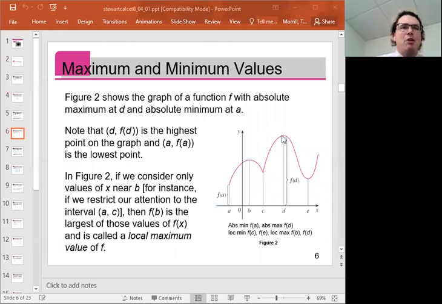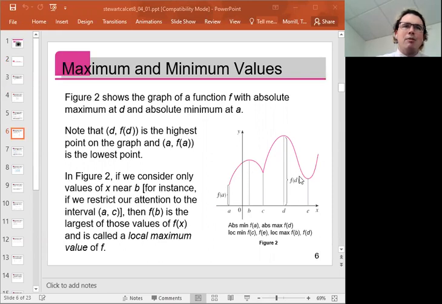So here's a slightly better picture of that. What's the very largest point that I see? It's up here. This graph doesn't have its axes labeled, so I don't know exactly what its coordinates are, but I can see that maximum. That is the absolute maximum. And I can see the absolute minimum down over here.